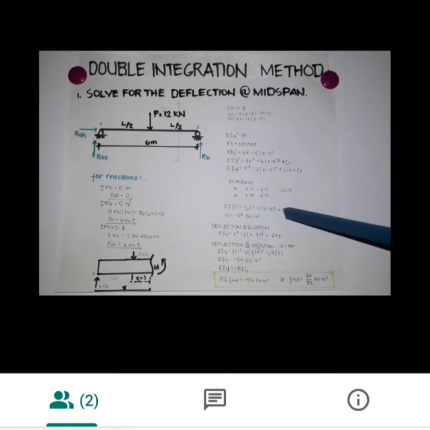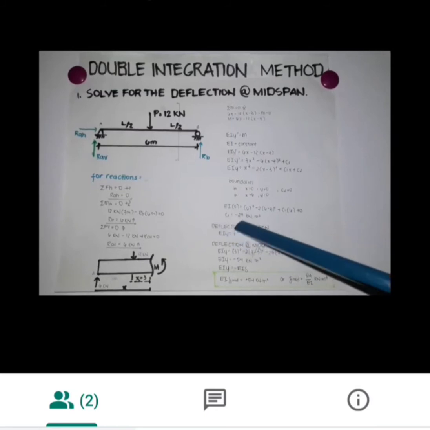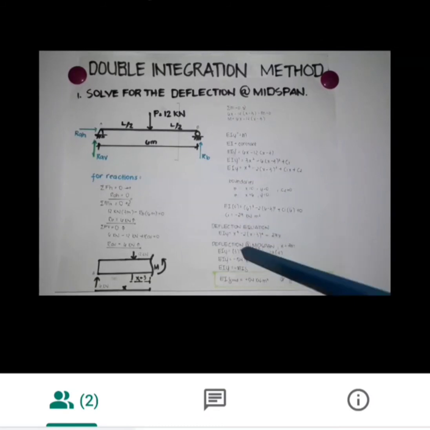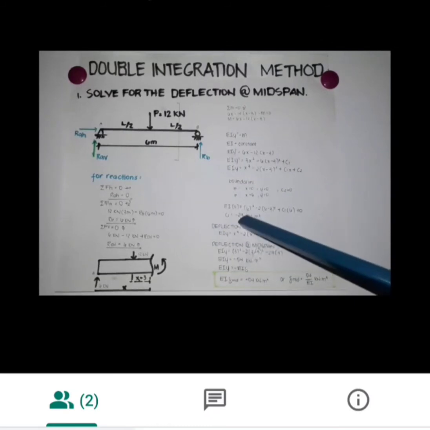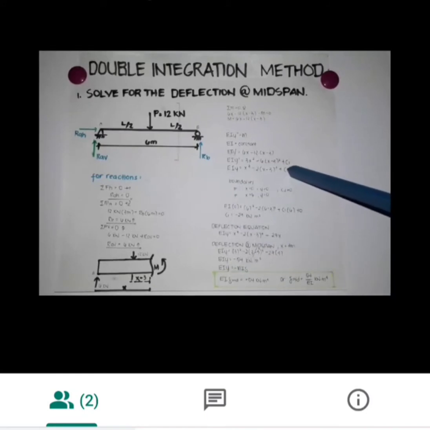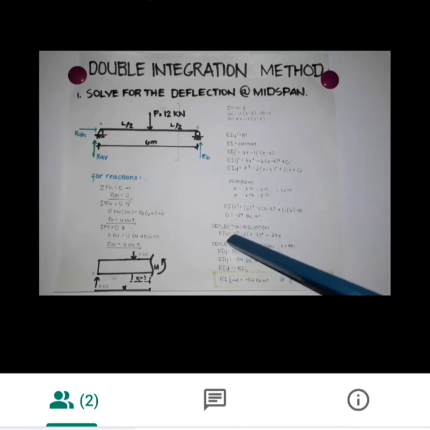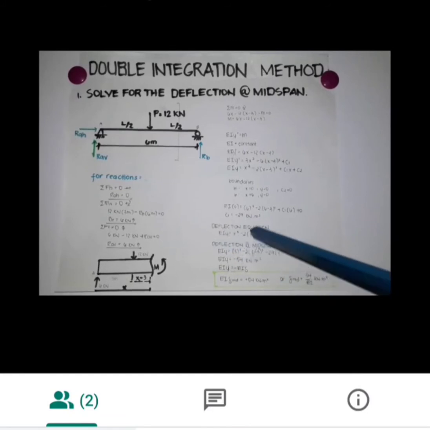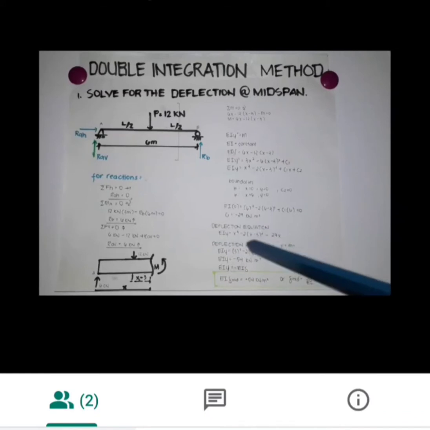Ang kuha natin value ng c1 is equal to negative 27 kilonewton meter square. Pag nilagay natin itong value ng c1 dun sa equation, kukuha na natin yung deflection equation, which is EI y is equal to x cubed minus 2(x minus 3) raised to 3 minus 27x.